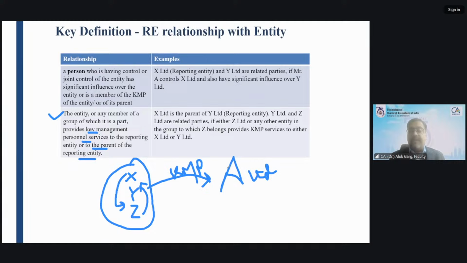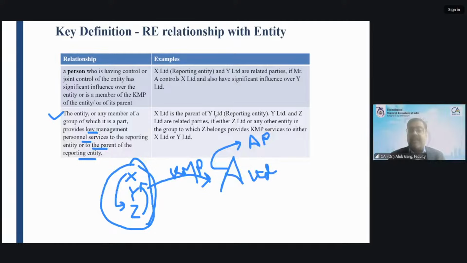Let's say AP Limited is the parent of A Limited. So if any entity of this group provides KMP service to either A Limited or the parent of the reporting entity, then this group is related to this reporting entity or the parent of the reporting entity.